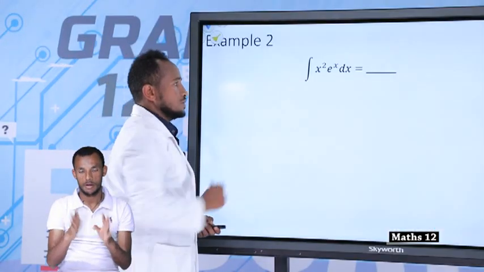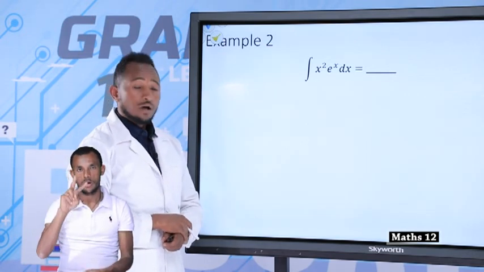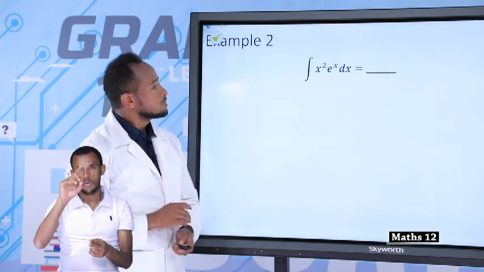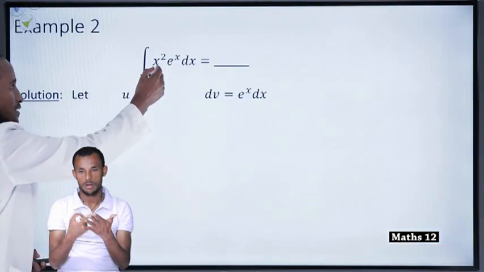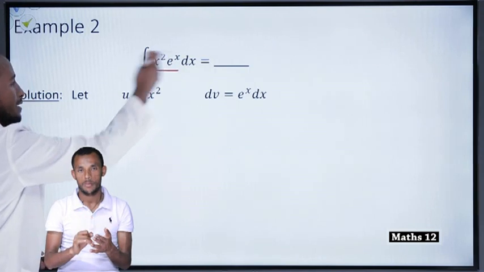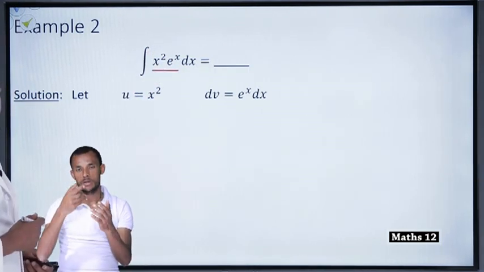Now let's try to integrate this expression x squared times e raised to x dx. So this is polynomial times exponential, as we stated earlier in the guideline.